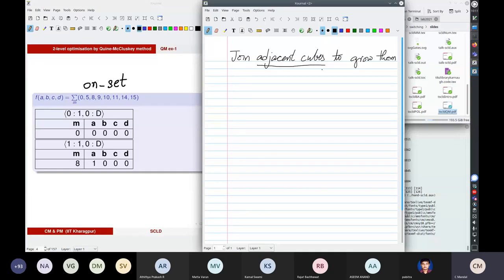adjacent cubes. So, can anyone tell me when two cubes are adjacent? So when do you say that two cubes are adjacent? What are these cubes? Cubes are simply product terms. Sir, when the Hamming distance between them is 1. Yes, that is true.